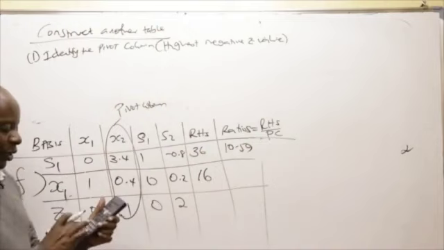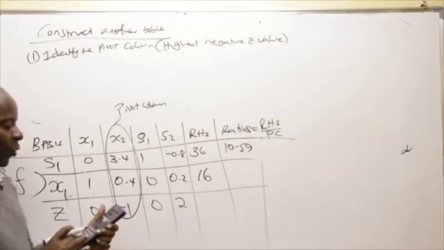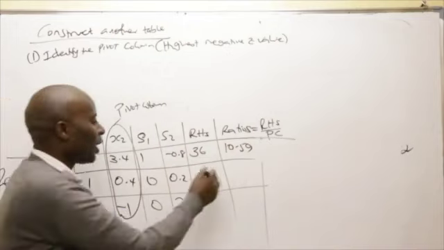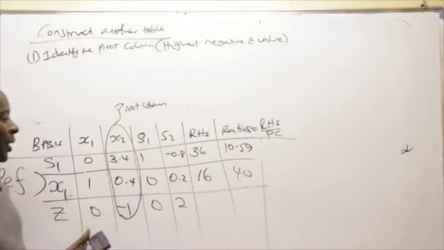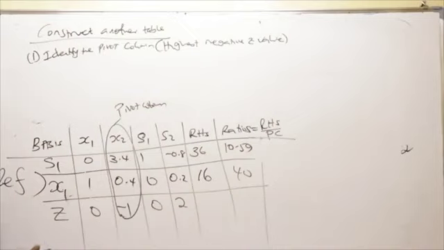And then we have 16 divided by 0.4, giving us 40. Are those figures correct?